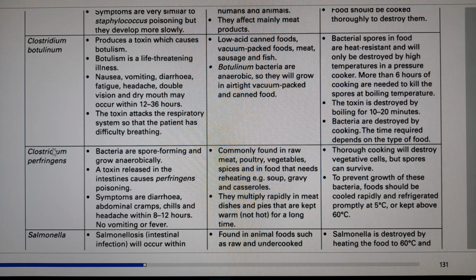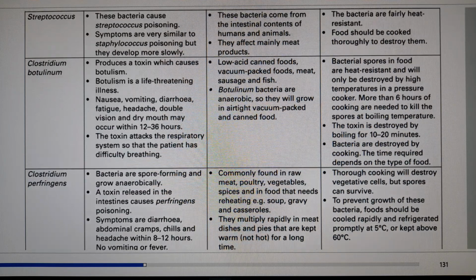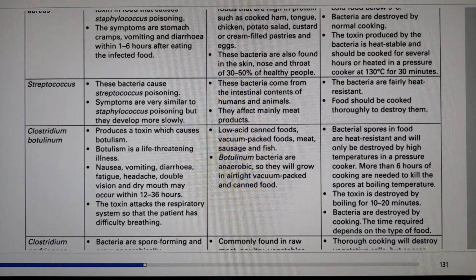Clostridium perfringens. This bacteria is spore forming and grows anaerobically as well. Even if food is closed, they will grow. A toxin released in the intestine causes perfringens poisoning. Symptoms are diarrhea and abdominal cramps. This is different. Remember the first two, it was stomach cramps.